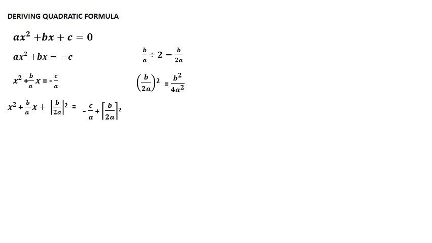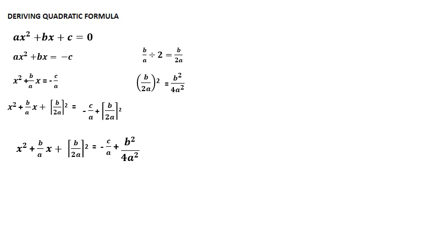We square the numerator, that is b squared, then we square the denominator, where 2 squared is 4 and a squared remains a squared. We rewrite the left hand side, that is x squared plus b over a x plus b over 2a squared, and on the right hand side it becomes negative c over a plus b squared over 4a squared.